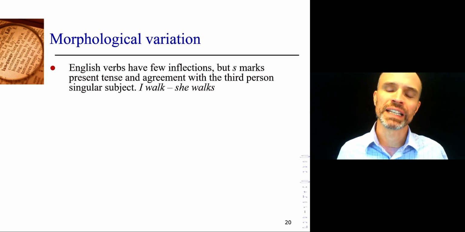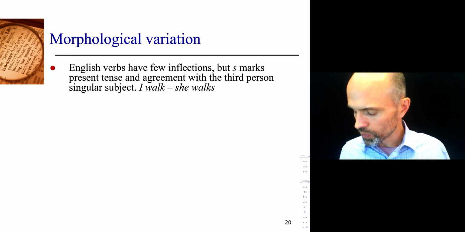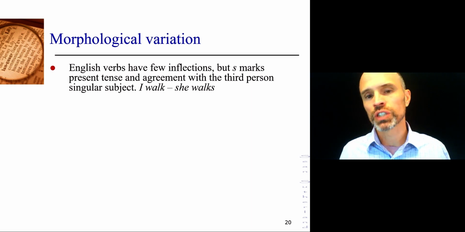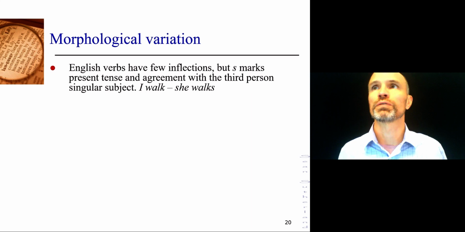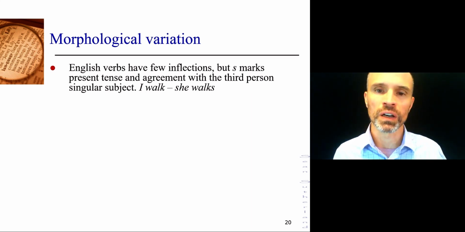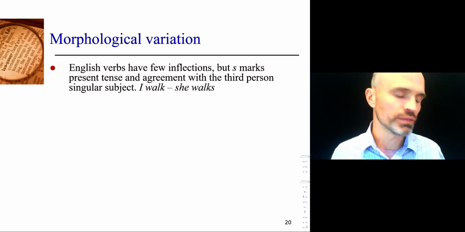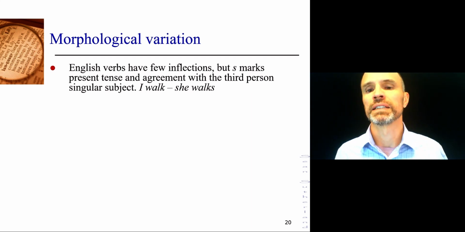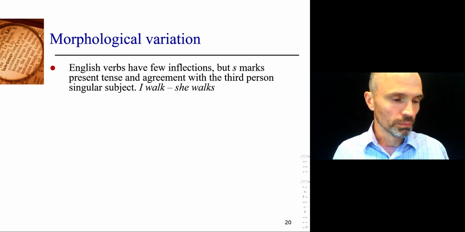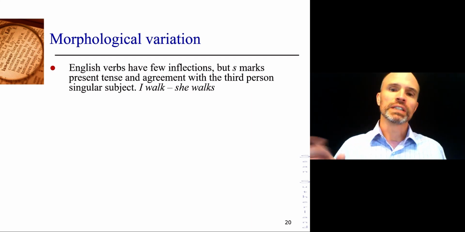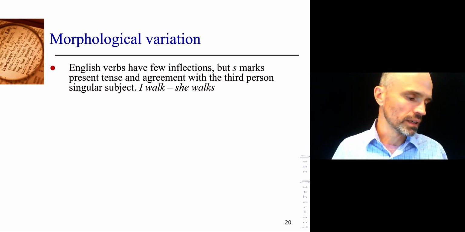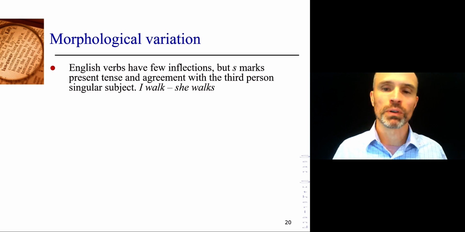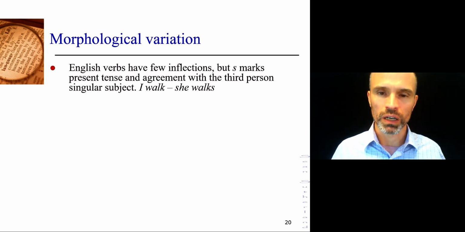Morphological variation is a grammatical change made by changing something in the word itself, right? One dog, two dogs. Putting the S on the end of dog to make it plural is morphological variation. So you see an example here. S is morphology: I walk, you walk, she walks.